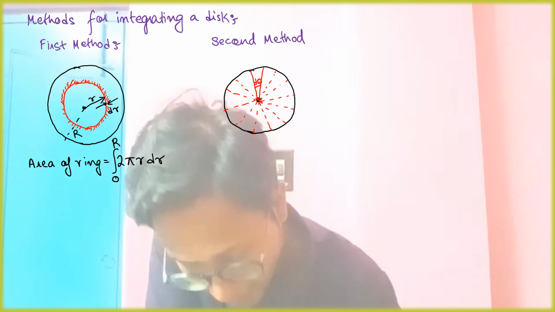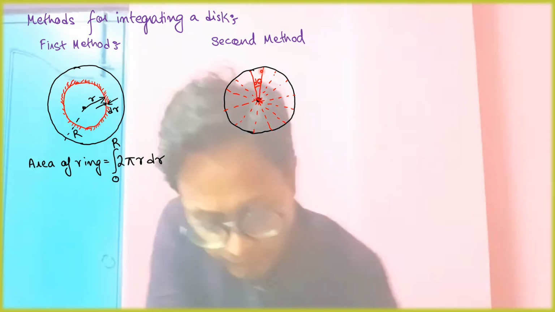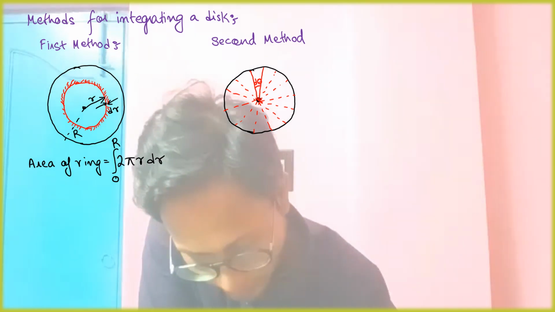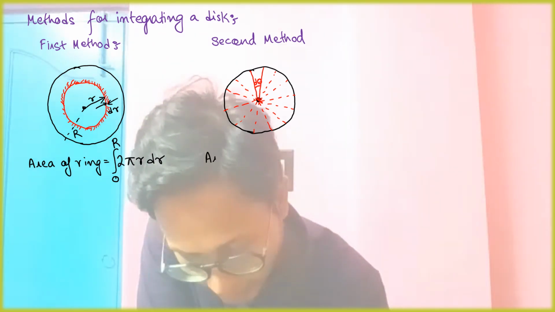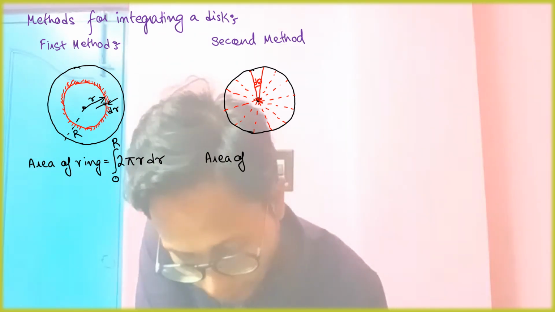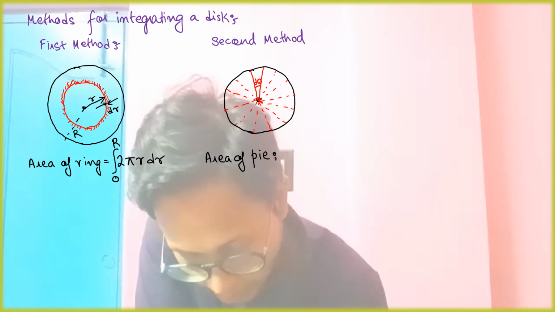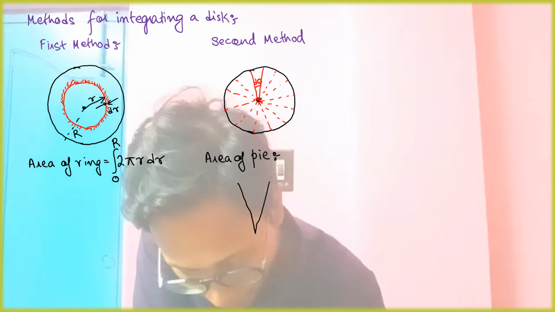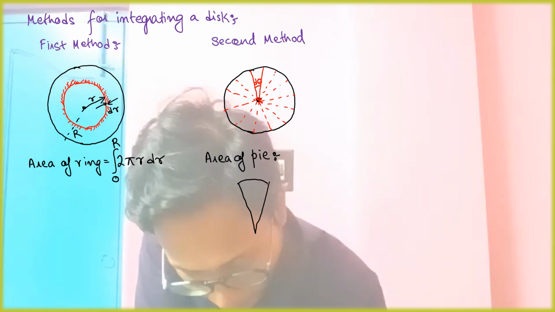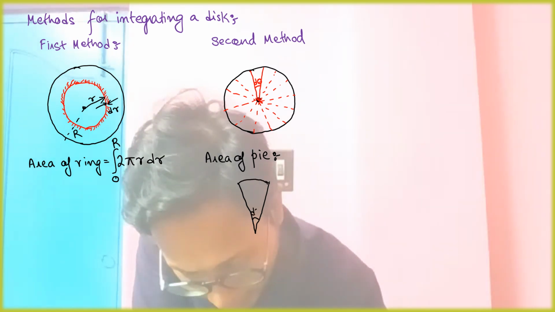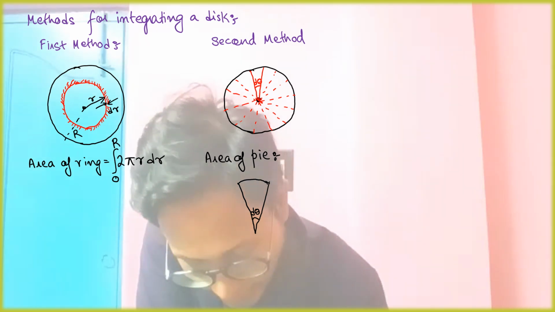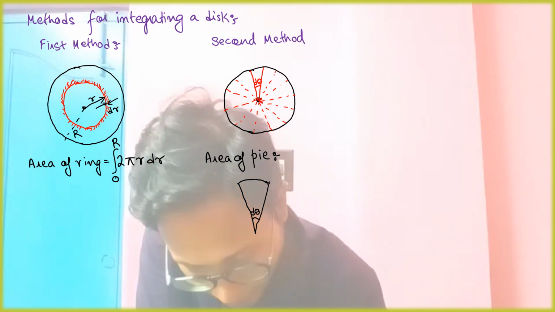The second method is we take an elemental pie, and we find out the area of the pie. So the area of the pie is nothing but the area of this much portion, but this angle is d theta. So how do I find out the area of the pie?